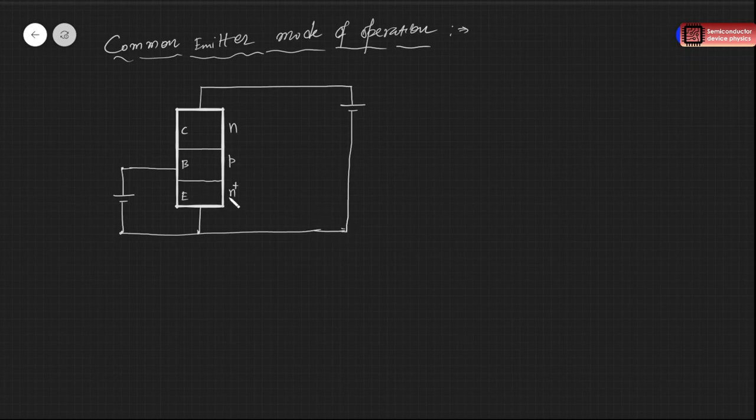The current directions: this is IB, this is IE, and this is IC. This voltage is VBE, and this is VC. The collector is at higher potential, so VCE.